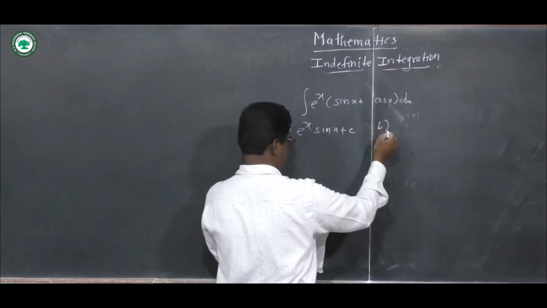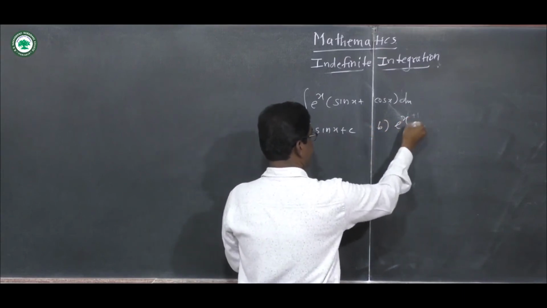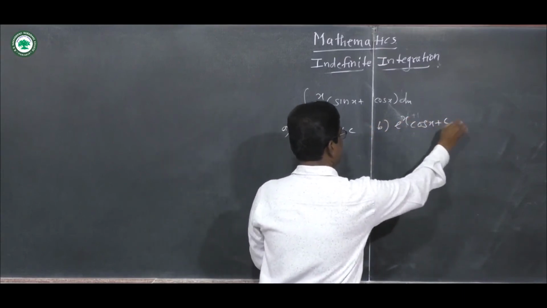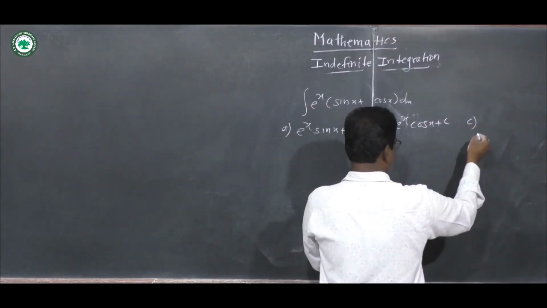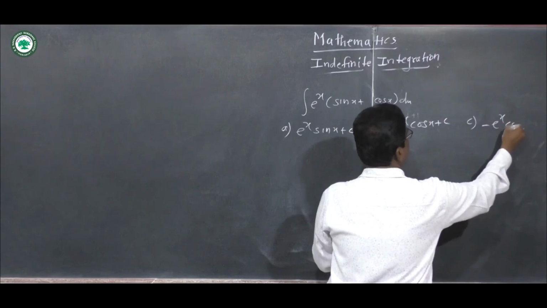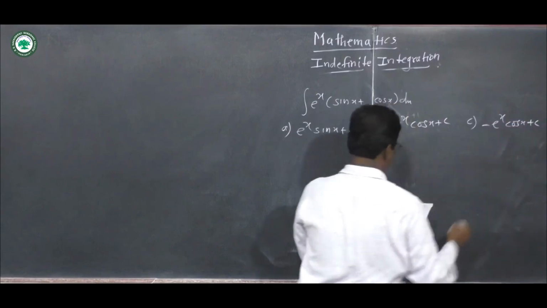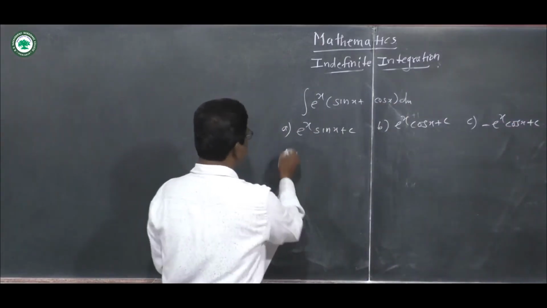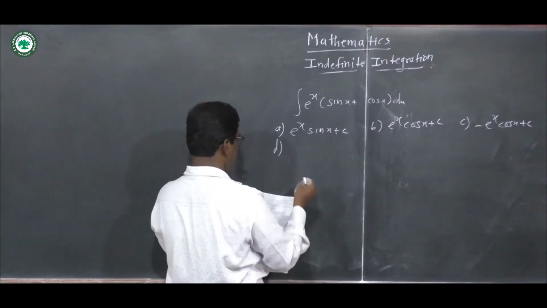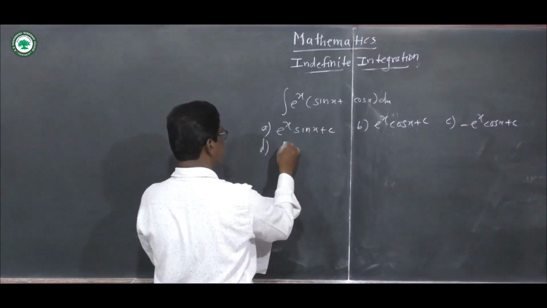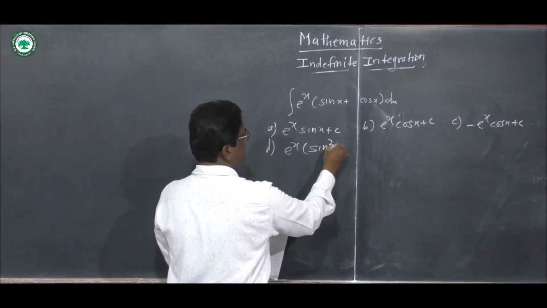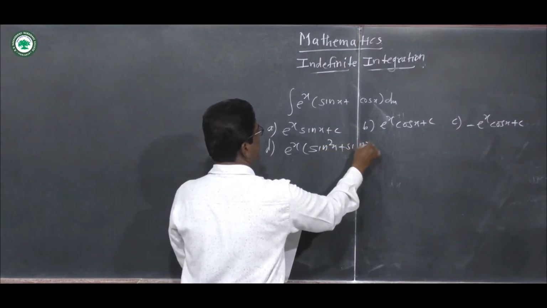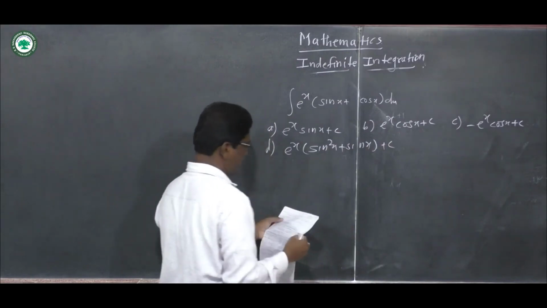B, e to the power x into cos x plus constant of integration. C, minus e to the power x into cos x plus constant of integration. D, e to the power x into sin square x plus sin x plus constant of integration.